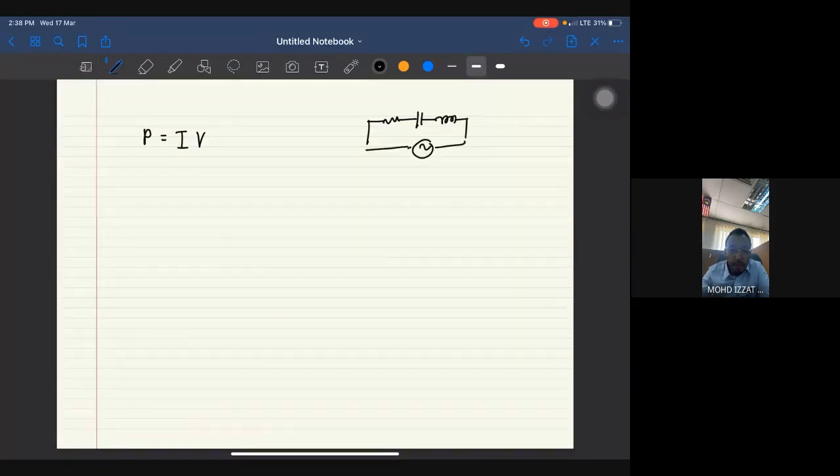If you want to find the power in this circuit, the source of power will only come from the resistor. These two do not produce any power. Dia tak ada power loss dekat sini. Kenapa tak ada power loss? Because there's no R. So if you guys still remember, the formula for power is P equals to I squared R. So R only over here lah. So the key part here is that the power is only dissipated by the resistance.